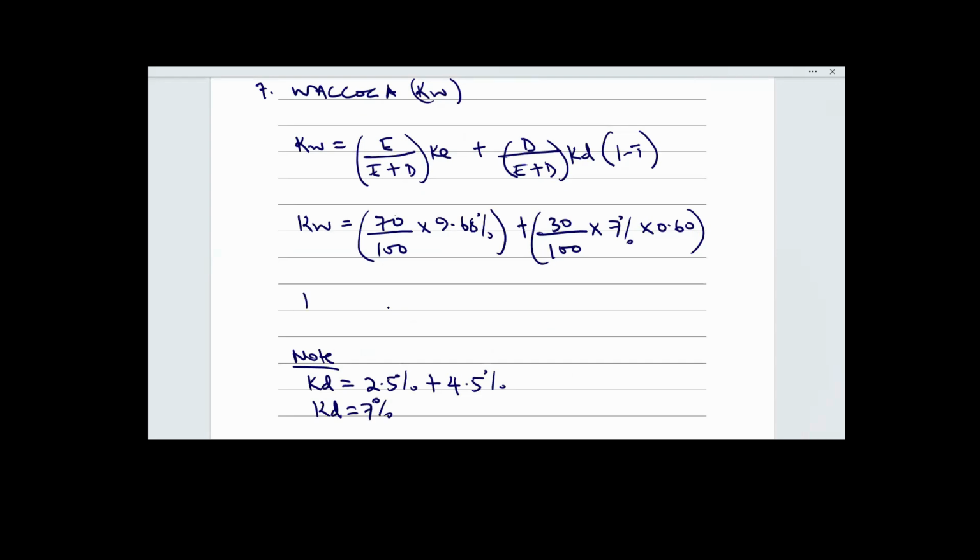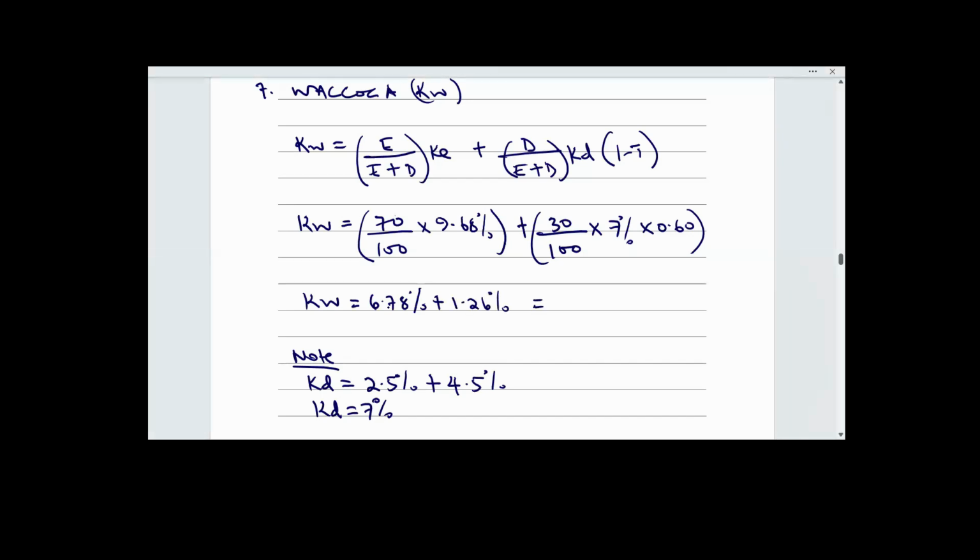Good. Then KW equal, multiply 9.68 multiplied by 0.7, that's 6.78%, plus the other side, 0.3 multiplied by 7 multiplied by 0.6 equal 1.26%.